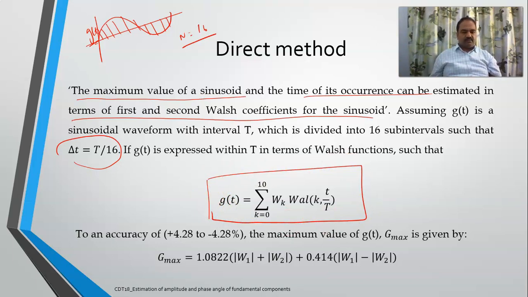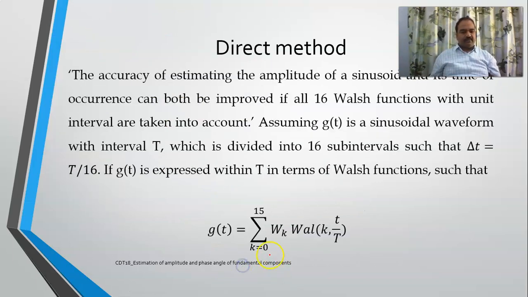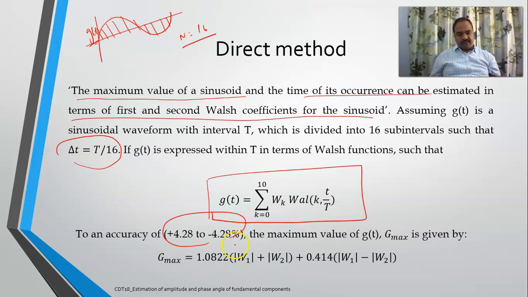If I take an accuracy of plus or minus 4.28%, the maximum value of this signal can be obtained using just the first two Walsh coefficients, W1 and W2, with this formula. This was the proposal by the scientist.